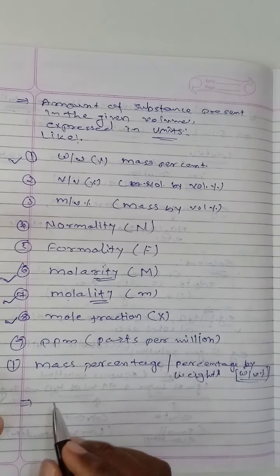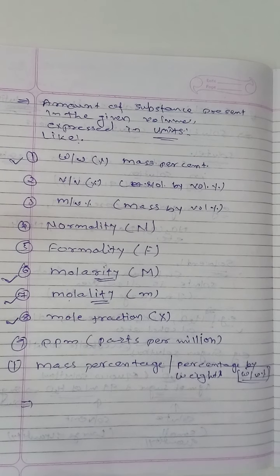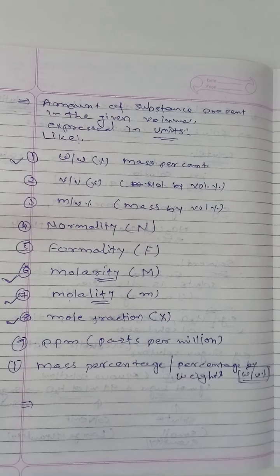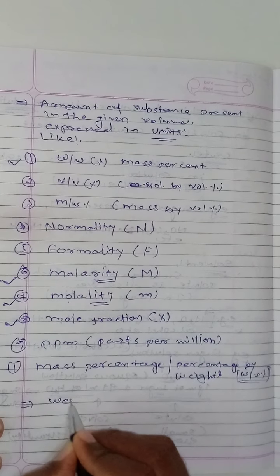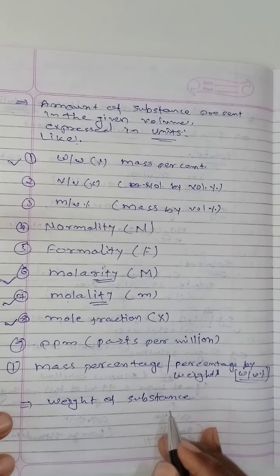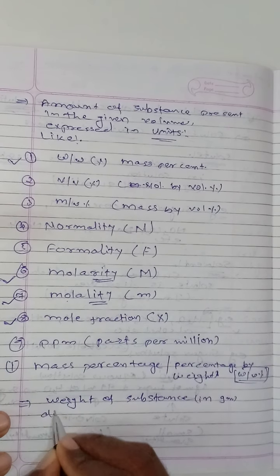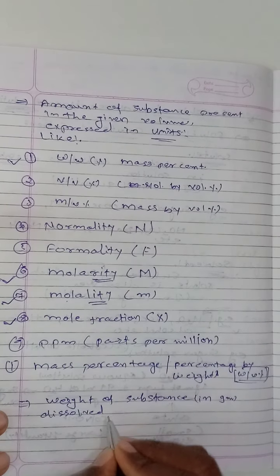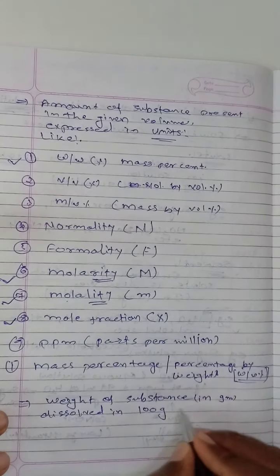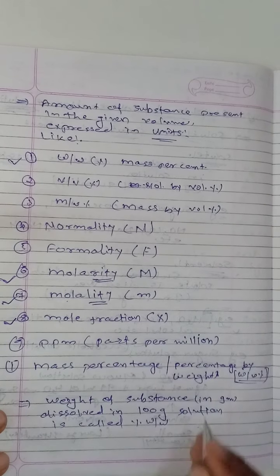The weight of substance in gram dissolved in 100 gram solution is called mass percentage, or percentage weight by weight.